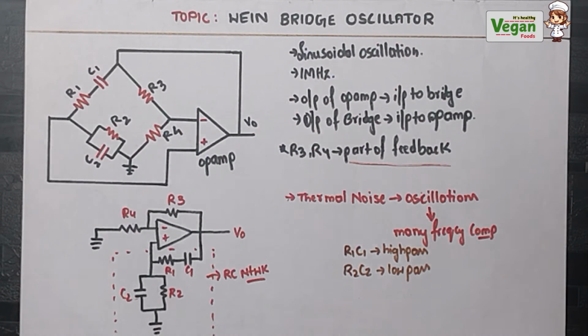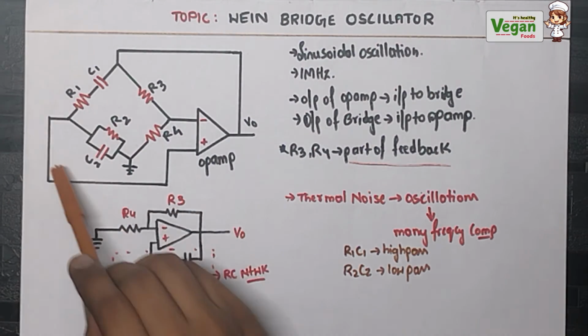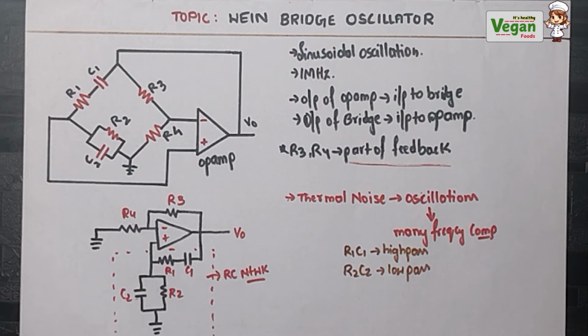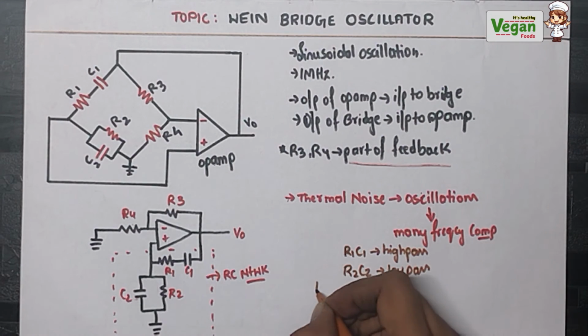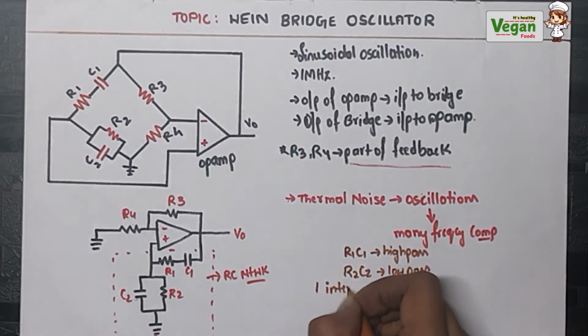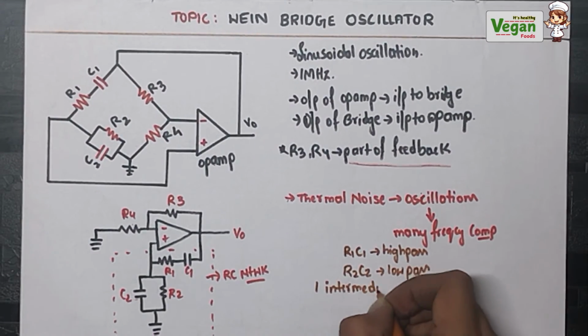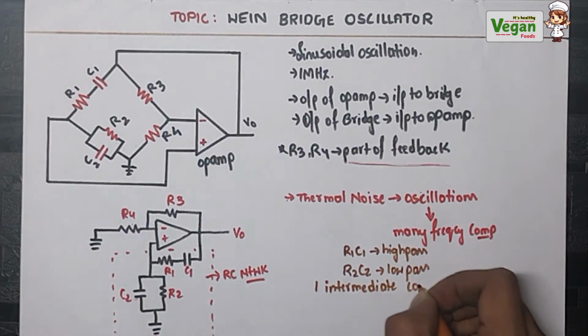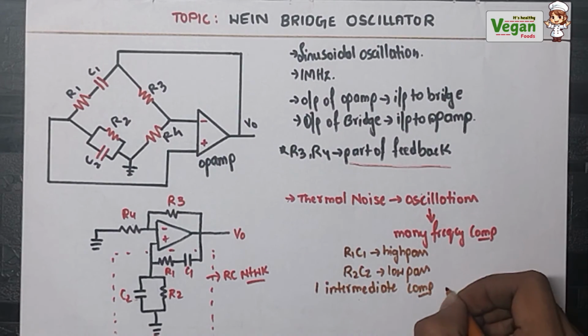This low pass filter will not allow the low frequency components to pass through them. Therefore, since the higher frequency components and the lower frequency components are avoided, one intermediate frequency component will be selected.